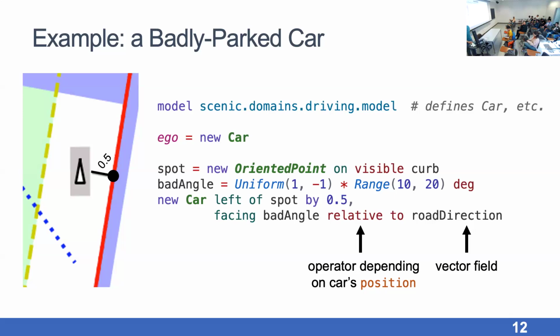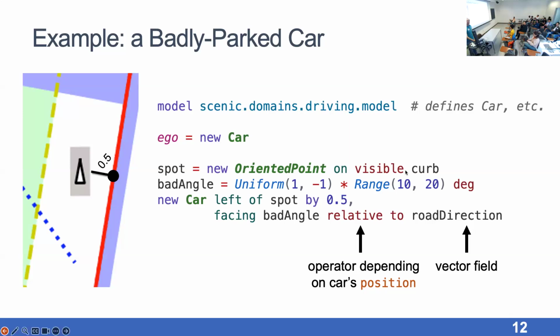Right. Yeah. Good point. I forgot to mention this before. This is one of those cases where if you leave something unspecified, Scenic will use the ego by default. So when I said the visible curve, visible with respect to what, right? I didn't say, so we're using the ego car by default. And I also didn't say what the camera angle is that your ego car has, so we're using default values for those. You can customize all of that.